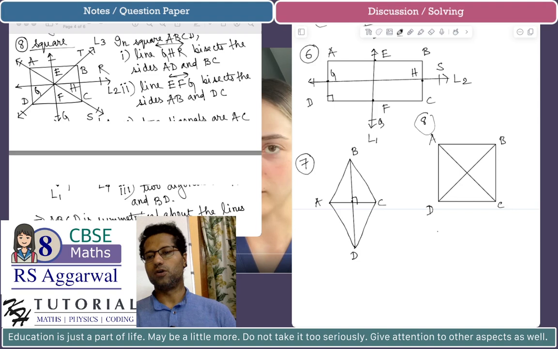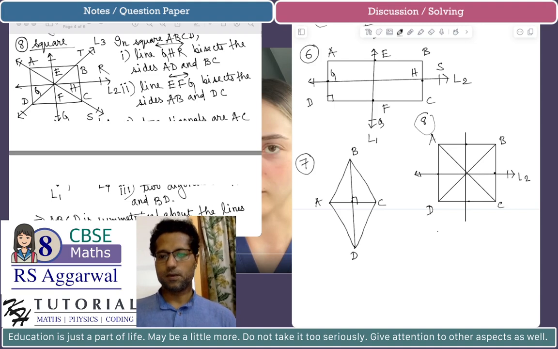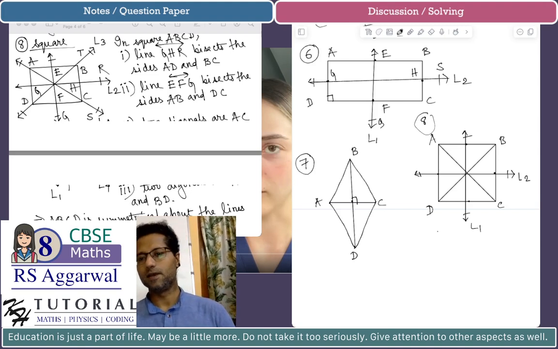Also, if you join the midpoints of the opposite sides, those two lines are also lines of symmetry. So if this is the line L2 and this is the line L1, then L1 and L2 are also lines of symmetry of the square ABCD, and also the two diagonals AC and BD.